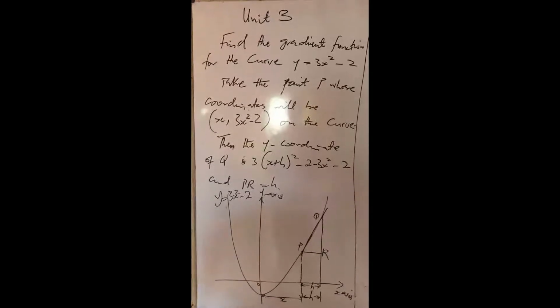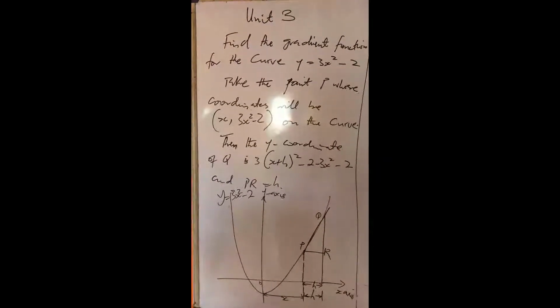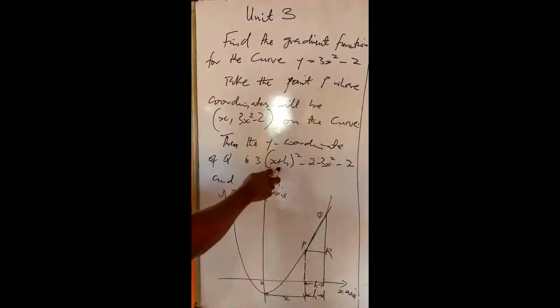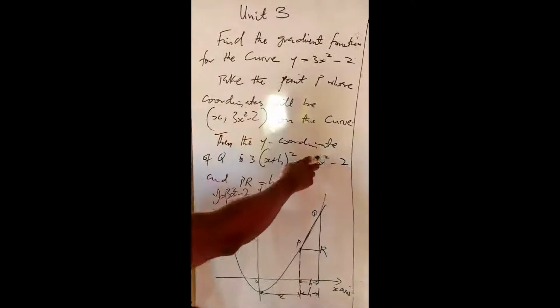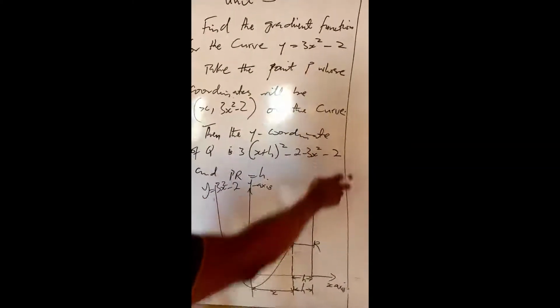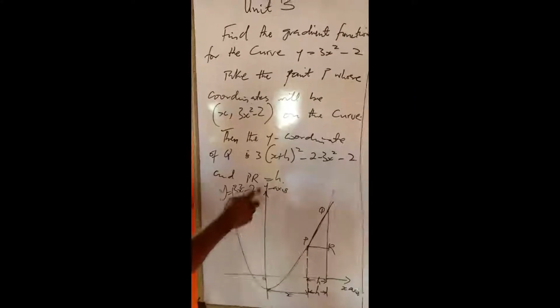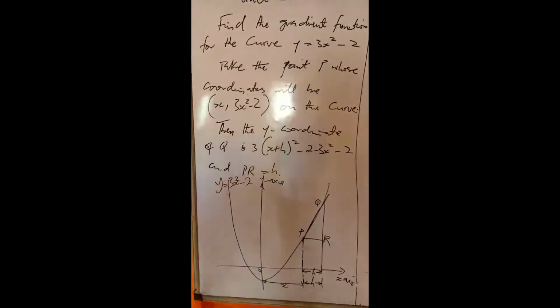So the y coordinate of Q is 3 into x plus h all squared minus 2, minus 3x squared minus 2, and PR is equal to h.